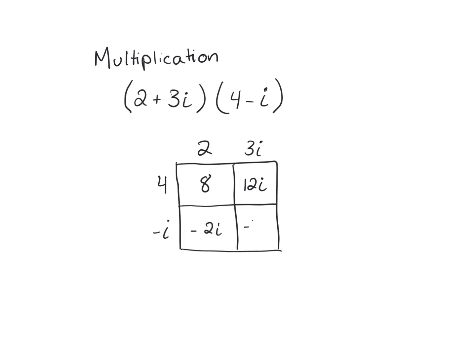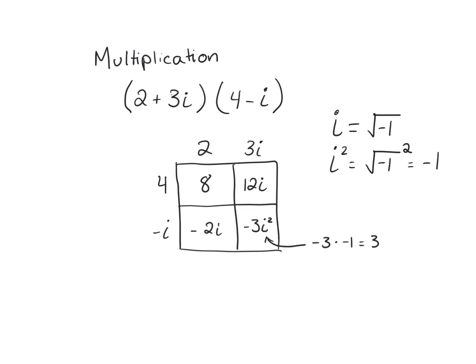But this is where things get a little bit interesting, because when I do 3i times negative i, I end up with negative 3i squared, which, if you remember, i is equal to the square root of negative 1, which means that i squared is equal to the square root of negative 1 squared, which is just negative 1. And so this here is actually negative 3 times negative 1, which is just positive 3.